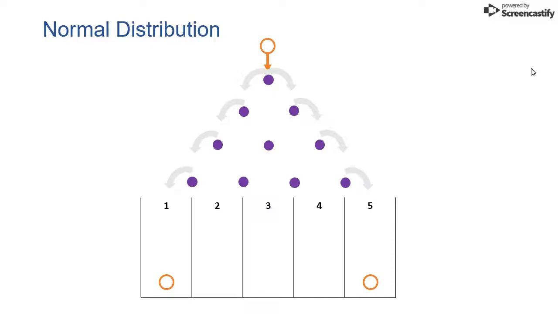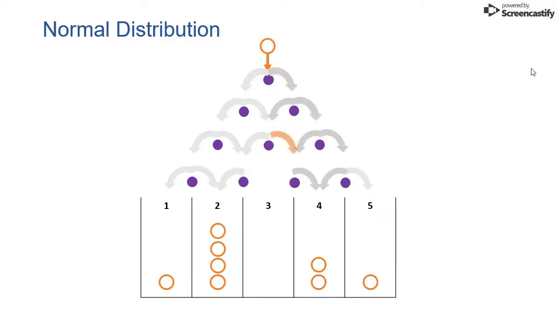There are 4 possible ways for the marble to land in slot 2. It might bounce left, left, left, right; left, left, right, left; left, right, left, left; or right, left, left, left. The same holds true for slot 4, with the 4 possible paths being on the other side of the pegboard.